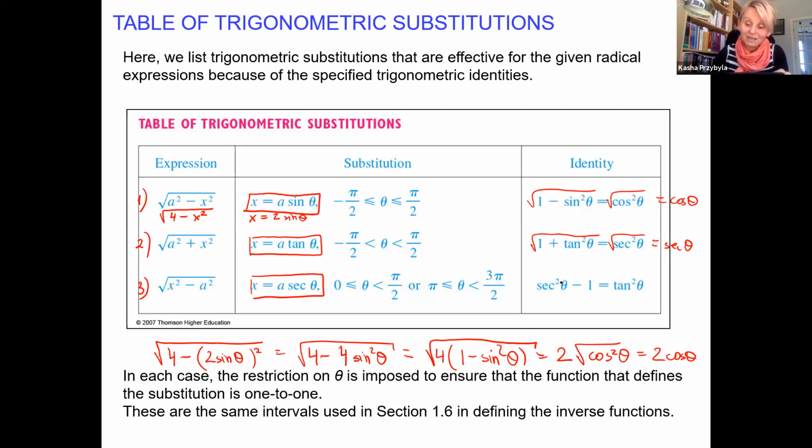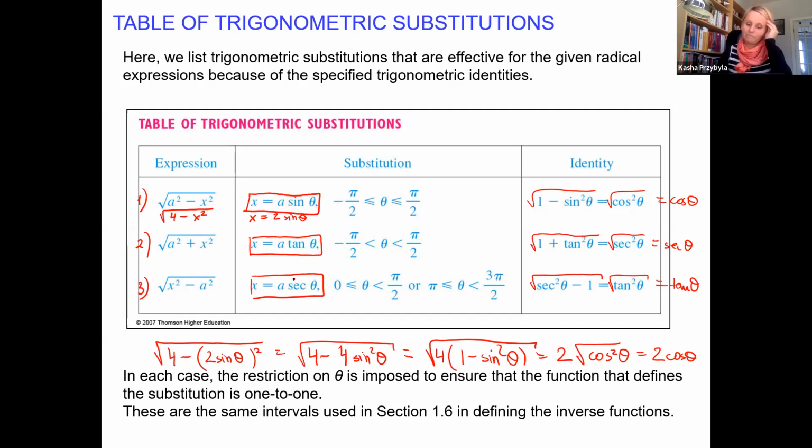Because secant squared theta minus 1 is tangent squared, and I will be able to simplify the square root. Please remember: a quantity minus x squared involves sine theta. A positive constant plus positive x squared is tangent theta. Positive x squared but minus a constant is secant. That's the only thing that we have to know, and then we can integrate.